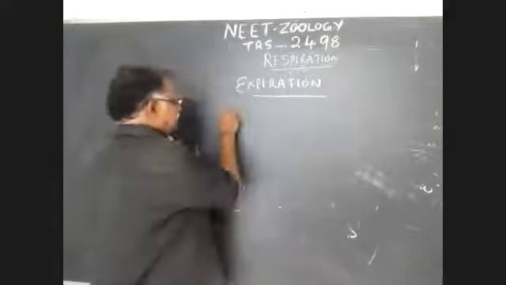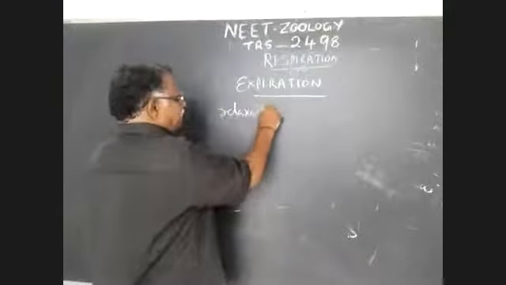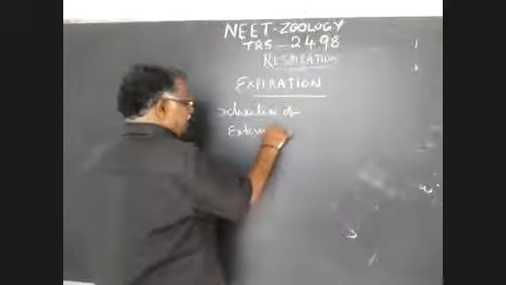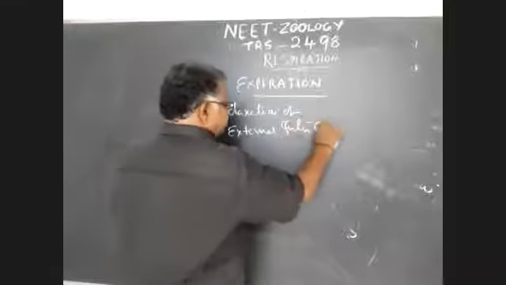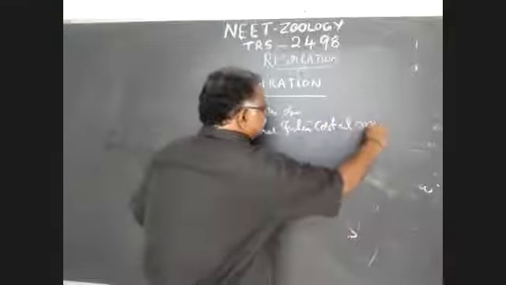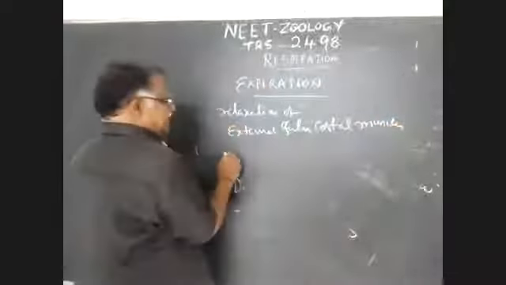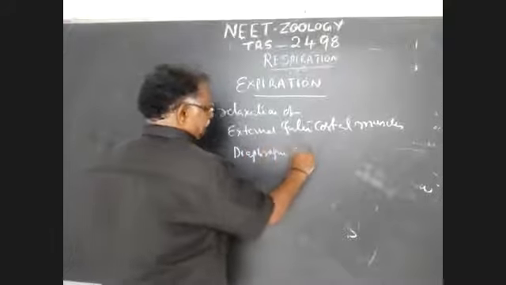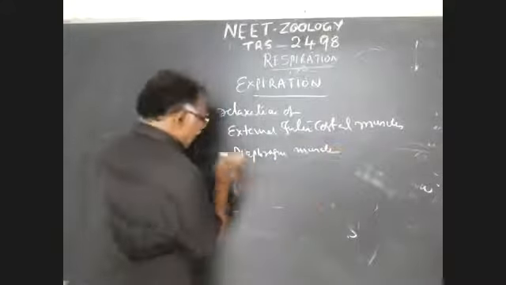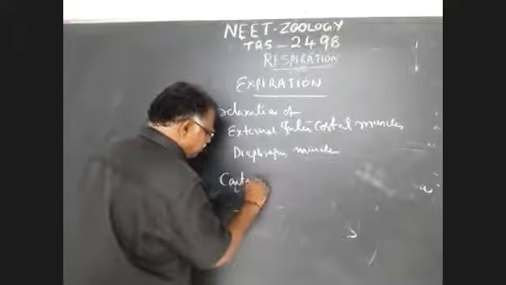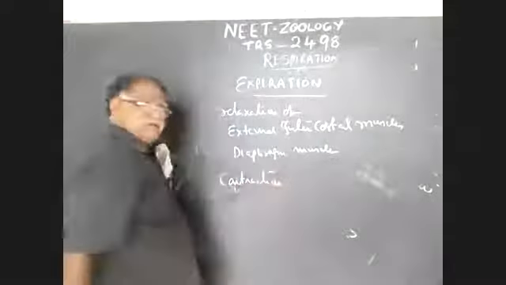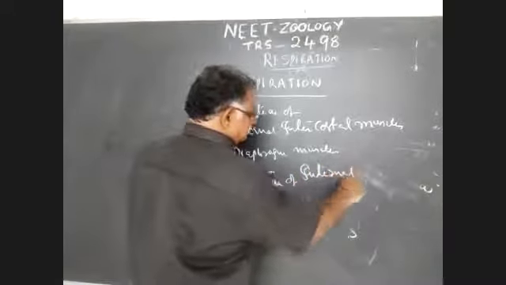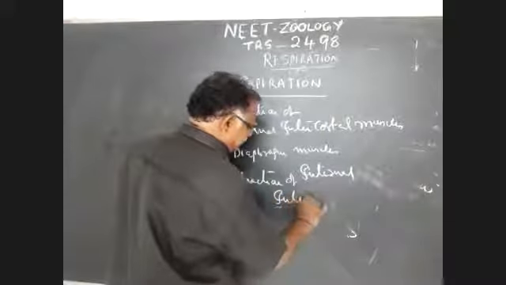Expiration: relaxation of external intercostal muscles, relaxation of diaphragm muscles, and contraction of, important points, contraction of internal intercostal muscles.